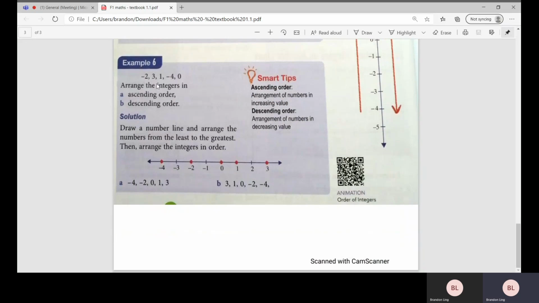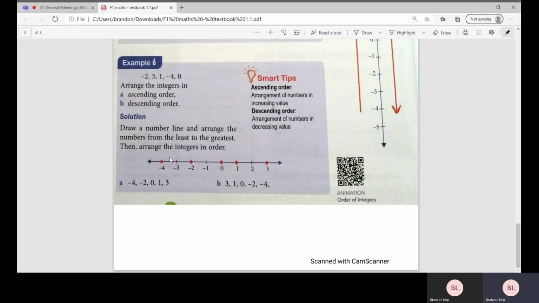Last exercise, arrange the integers in ascending order. Ascending order means from the smallest to the greatest number, the biggest value. From this -2, 3, 1, -4, and 0, you can draw a number line according to this one. The red dots are the numbers that you need to arrange.